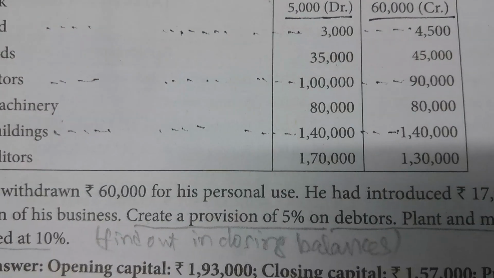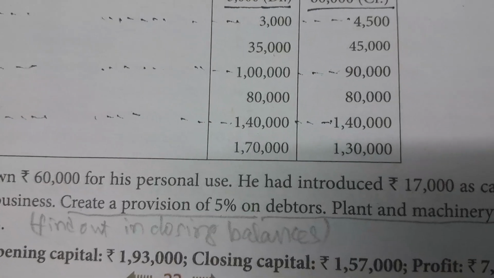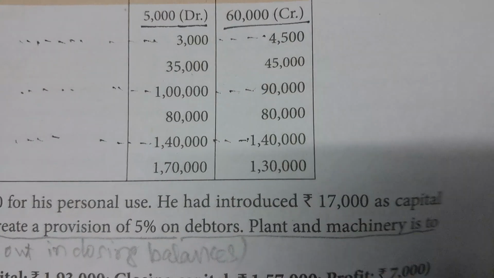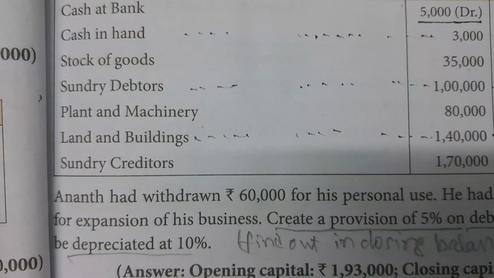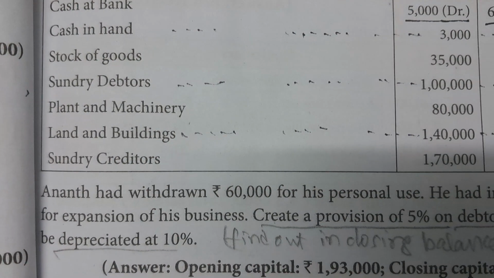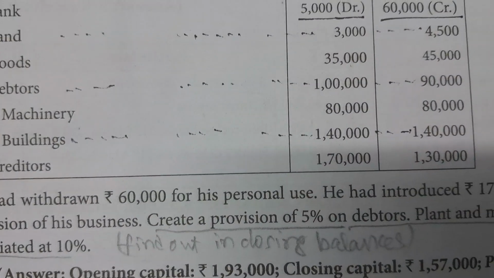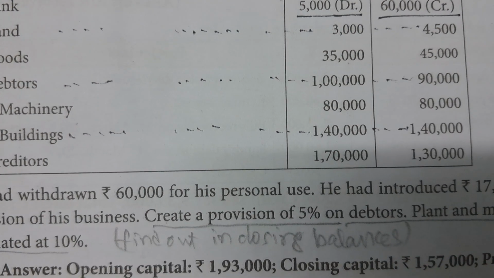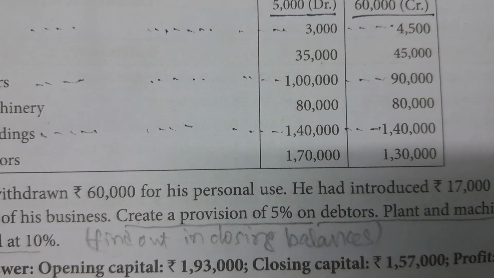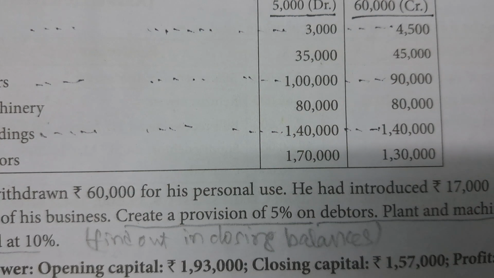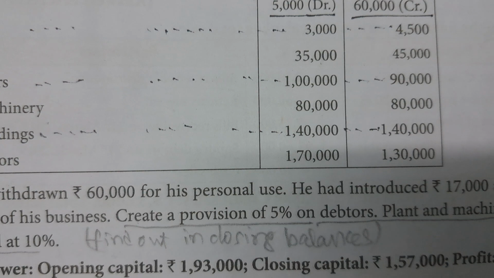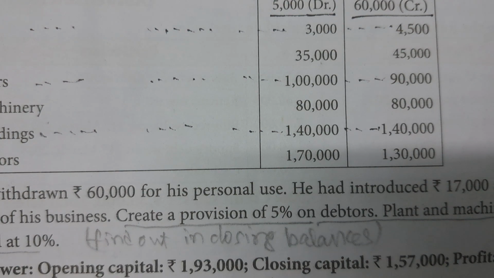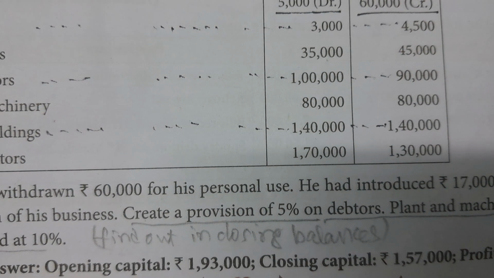Create a provision of 5% on debtors. Plant and machinery is to be depreciated at 10%. Here we should note that the depreciation and the provision for doubtful debts should be worked out in the closing balances. Okay, we will do the problem.